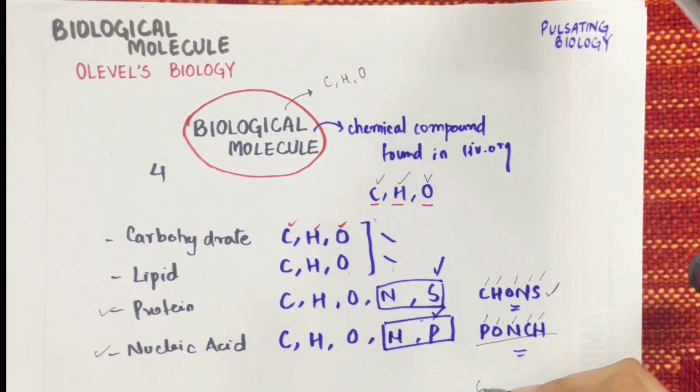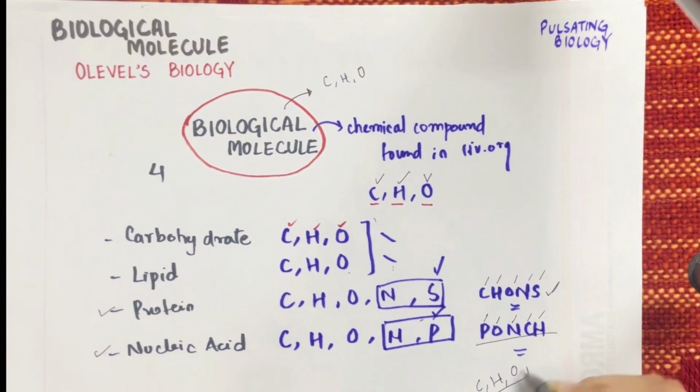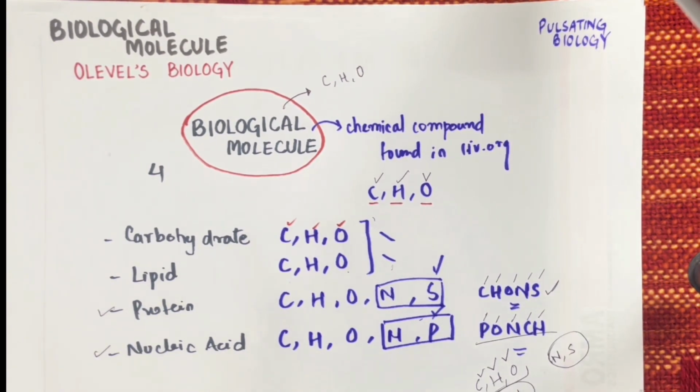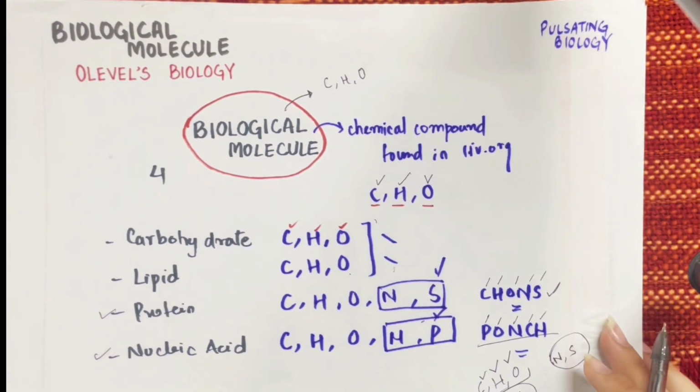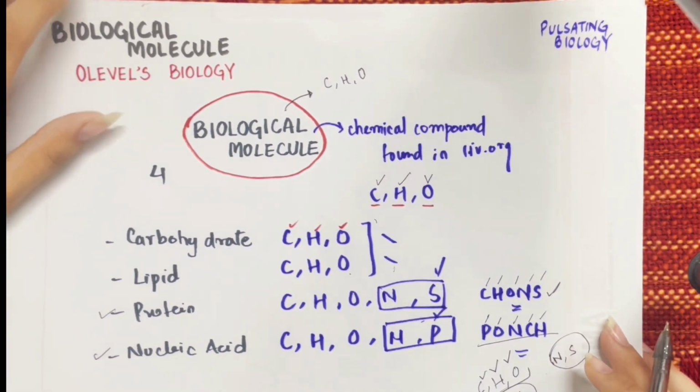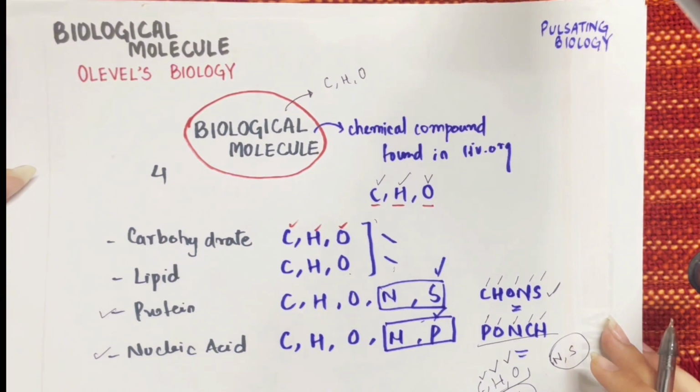That means it contains the CHO elements, that is the carbon, hydrogen, and oxygen. But along with that, it contains the phosphorus and the nitrogen. And if you talk about the protein, then it contains nitrogen and the sulfur, which have their own several purposes. And this is how you need to learn about the chemical elements that are found in the four subgroups of the biological molecule.